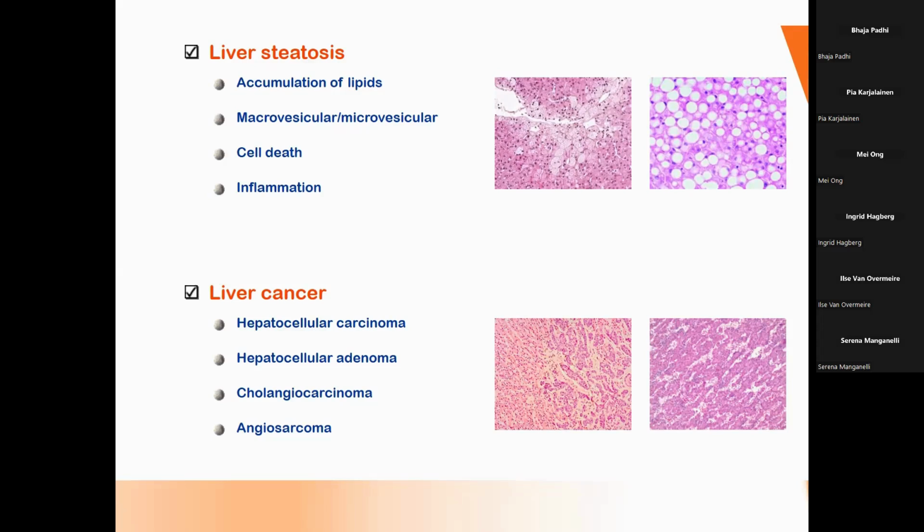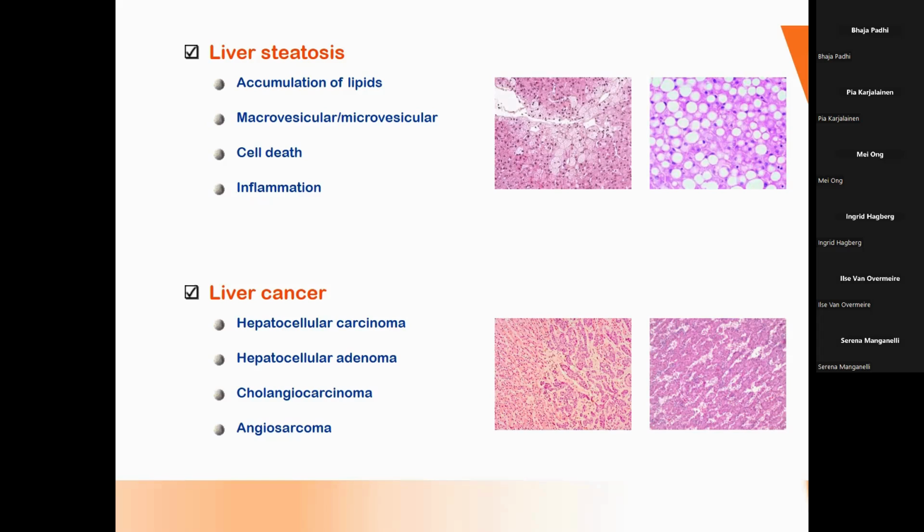You cannot even see the lipid droplets, but they are so small that they actually do not really affect, let's say, the localization of other cellular organelles. And that's really different if you look at the right-hand side, and that would be macrovesicular steatosis, in which the lipid droplets are very big, to the extent that they actually start to affect the localization of other cellular organelles like mitochondria, the nuclei, and so on.